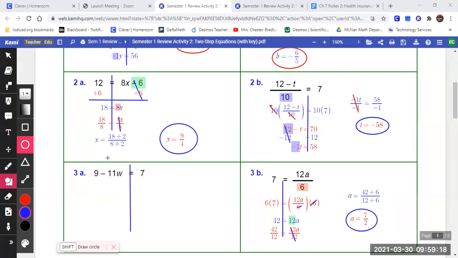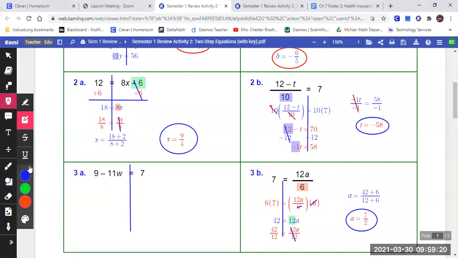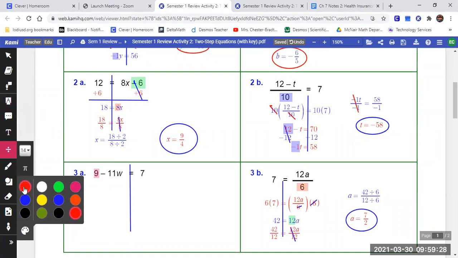How are we going to subtract the 9 from both sides? Yes, because I see this positive 9 in the way. And the way we get rid of positive 9 is negative 9, right?